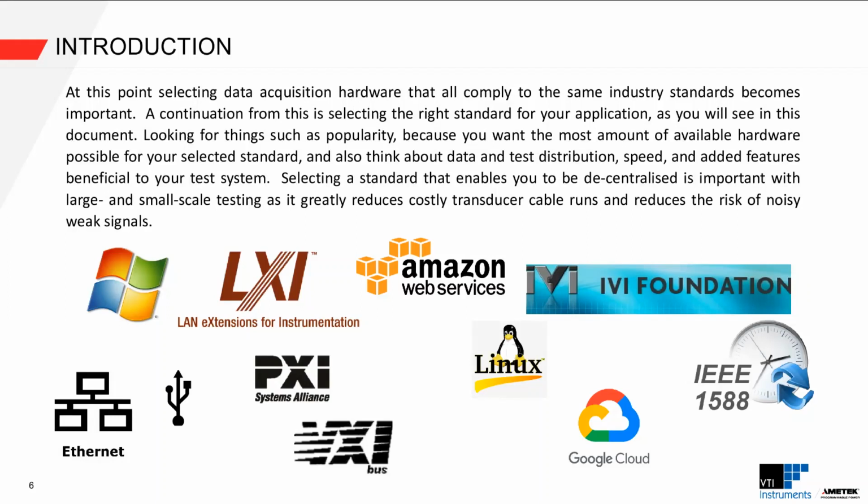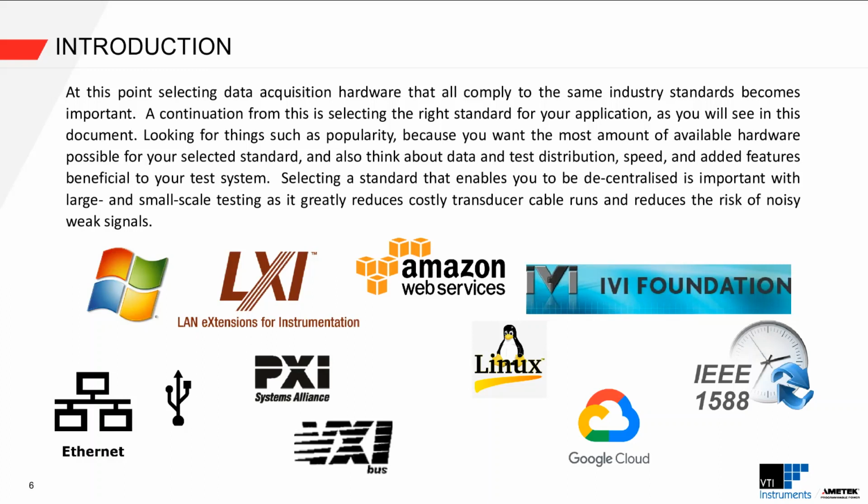So we've spoken about the greater test system and understanding things like your data acquisition speed and channel count, etc. And then after selecting all the hardware, it's important to select hardware that all complies to the same industry standards. It just means that your system is going to be a lot more compatible within itself.